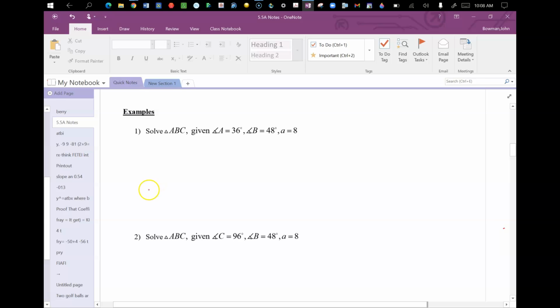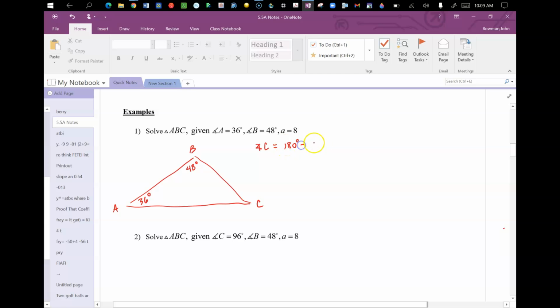So we're going to start out by sketching some random triangle here, and we are going to label it. So A, B, C, uppercase letters for angles. Angle A has a measure of 36 degrees, angle B a measure of 48 degrees, and angle C we could find by taking the property that the sum of the angles in a triangle is equal to 180.